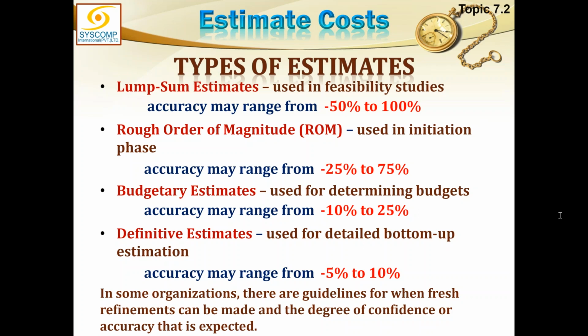It is the most detailed estimate. So as we go down, more accuracy is there, but none of these is 100% accurate. Even a definitive estimate has a fluctuation possibility of -5% and +10%.